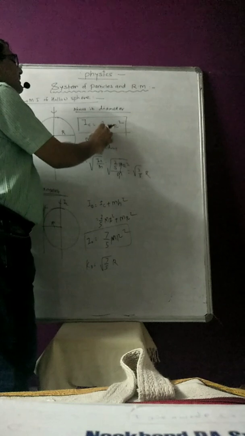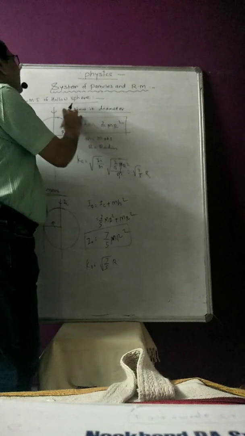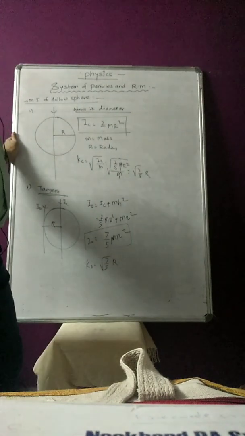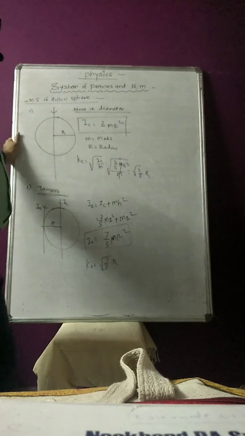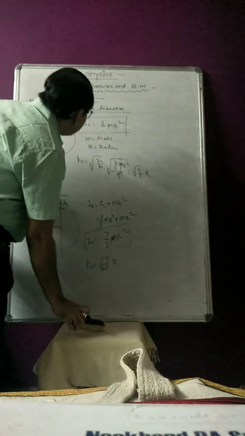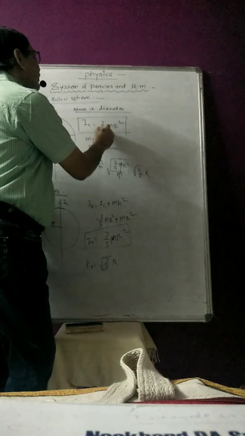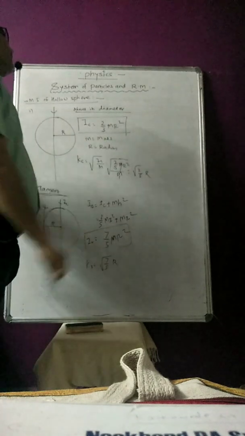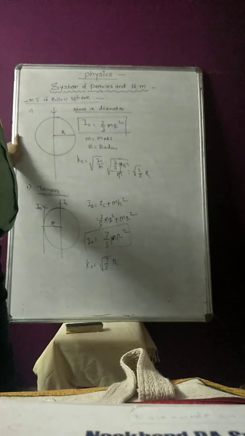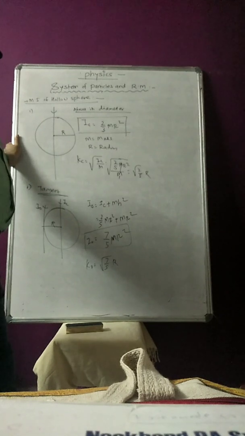The moment of inertia of the hollow sphere about its diameter can be calculated by the formula I_C is equal to 2 by 3 MR squared, instead of 2 by 5, where M is the mass of the sphere and R is the radius of that sphere.